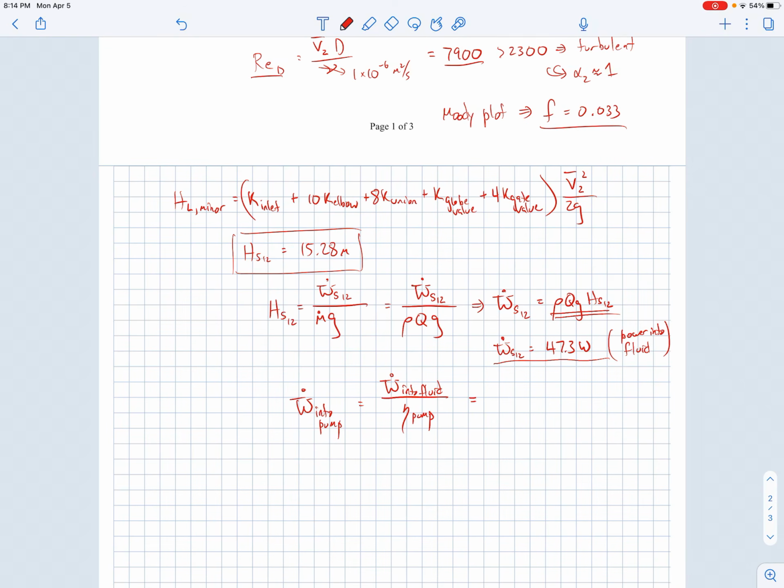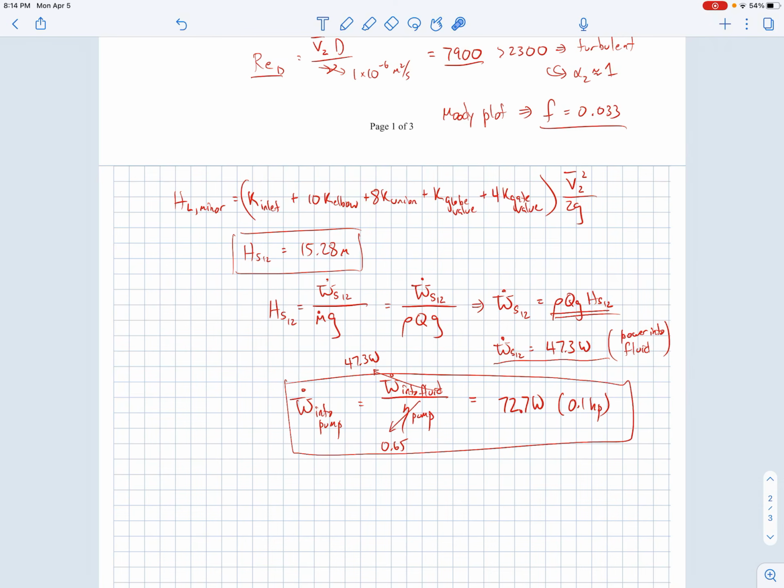So if we use our 0.65 here, and the power that goes into the fluid we said was 47.3 watts, then you'll find that the power that we have to put into the pump is 72.7 watts. In English units, that's about 0.1 horsepower. It's not that much.